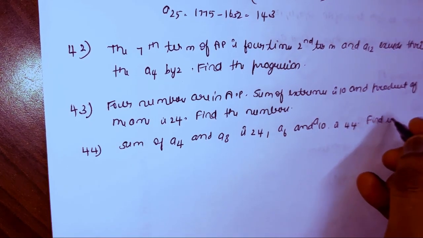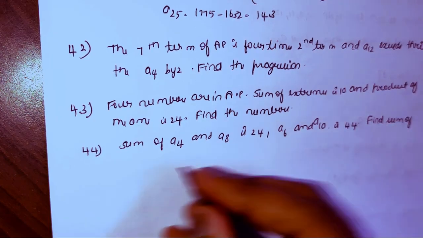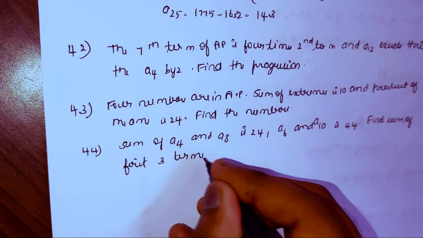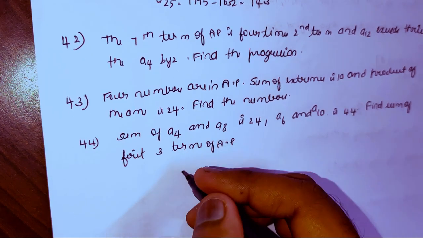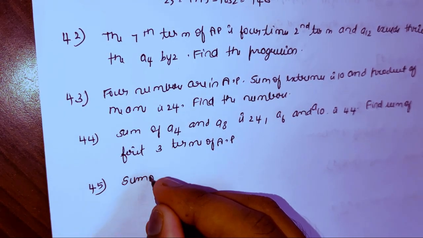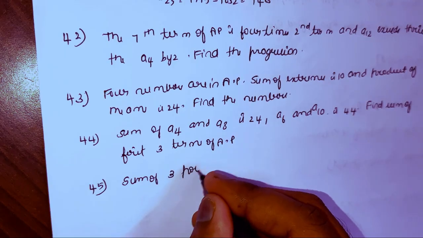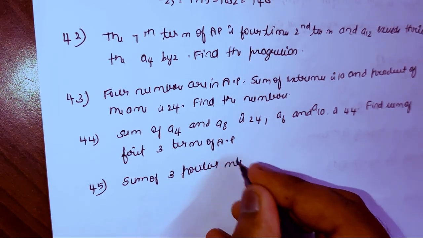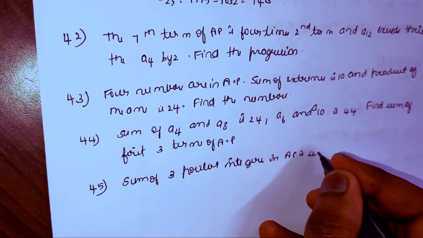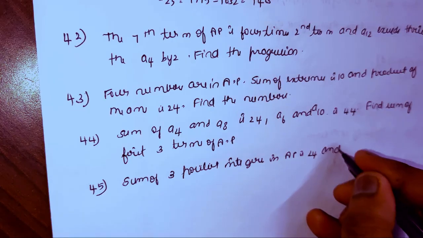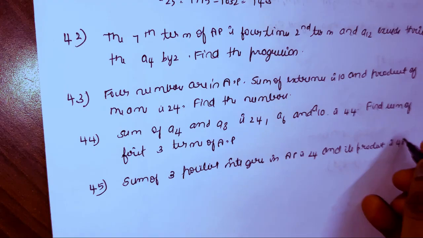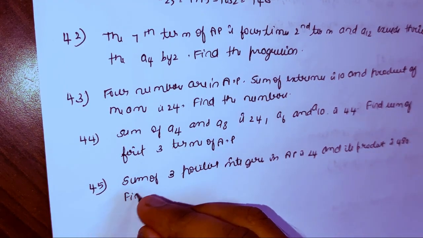Find the sum of first 3 terms of AP. 45th question, sum of 3 positive integers in AP is 24 and its product is 480. Find those numbers.